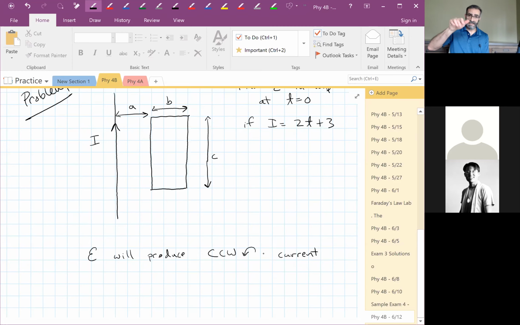So a current gets set up to try to subtract from that flux to make it weaker again.